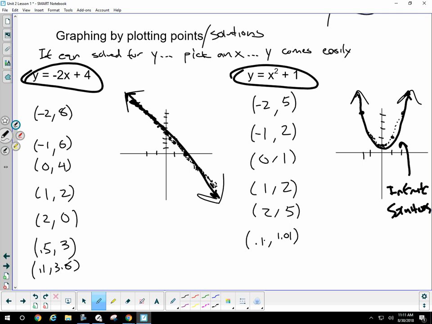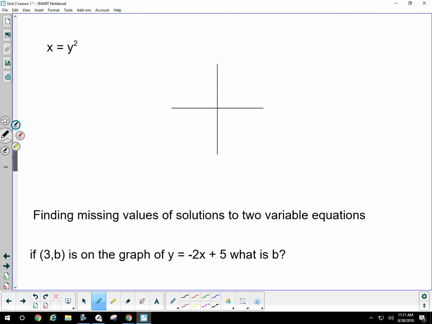All right? But sometimes equations aren't nicely solved for y. Sometimes they're nicely solved for x. In this situation, x equals y squared, we could pick y's, and then the x's come easily. So I can pick a y of -2, -1, 0, 1, and 2.